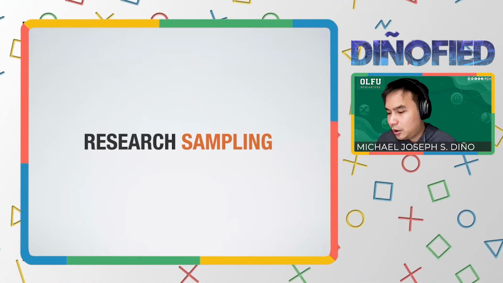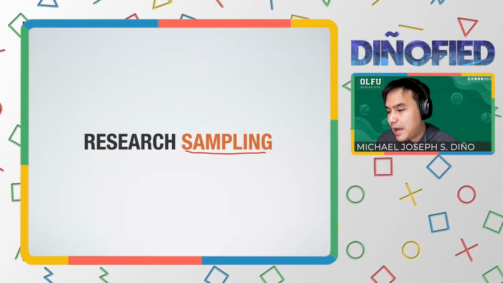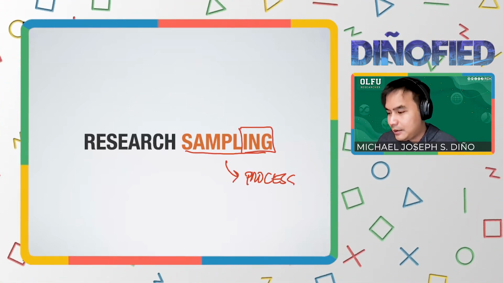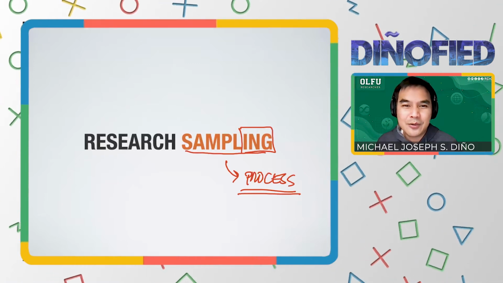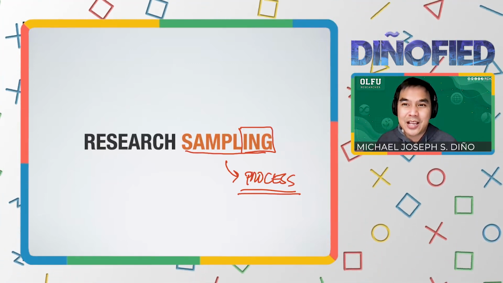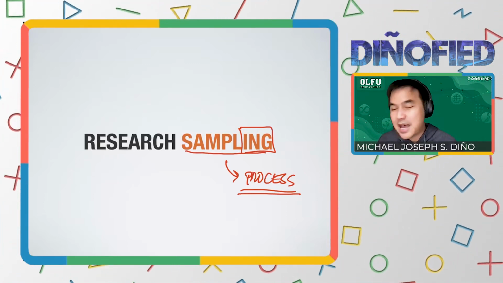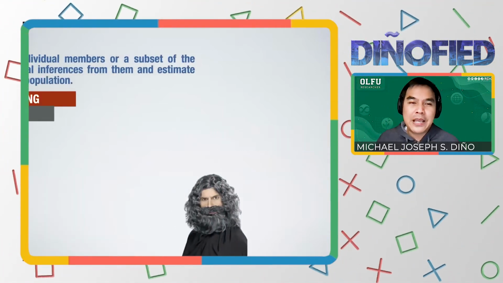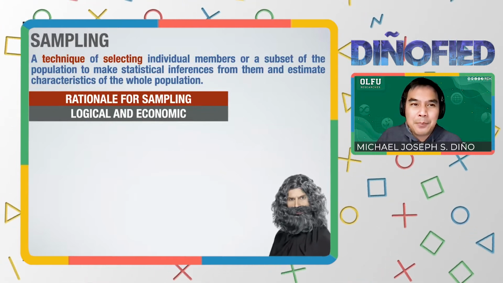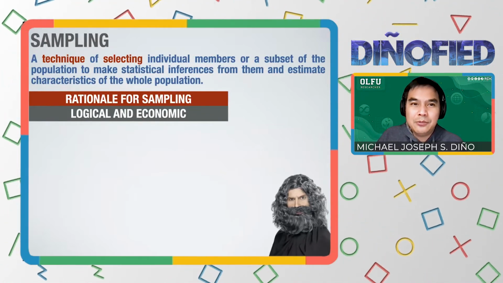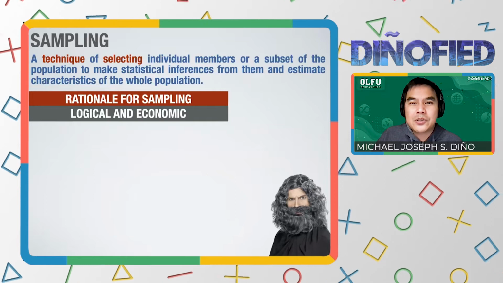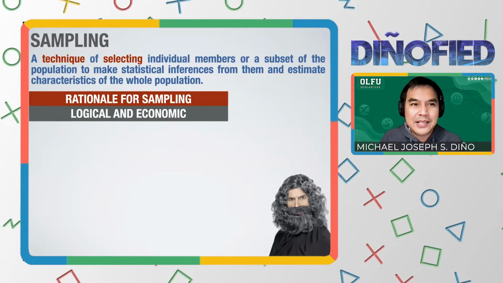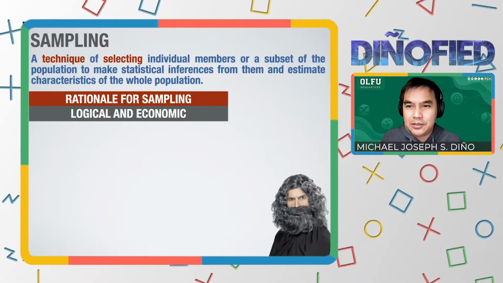When you hear the word sampling with the ing, it means this is a process. When you have a word that is attached to ing, it means this is actually a process. So what is sampling? Technically, sampling is a technique of selecting individuals or members or a subset of the population to make a statistical inference from them and estimate the characteristic of the whole population.